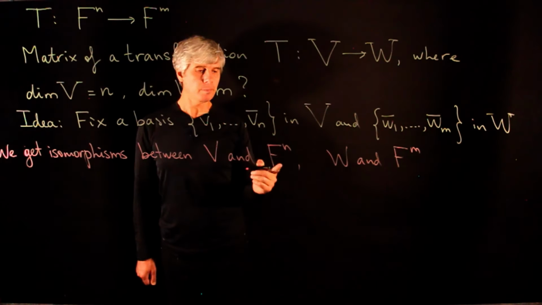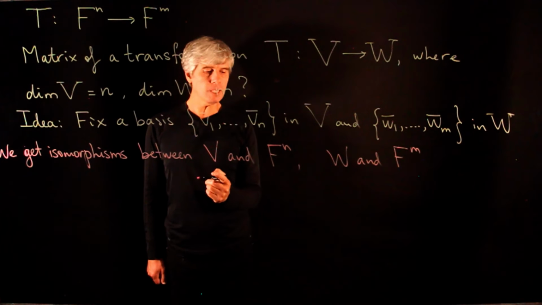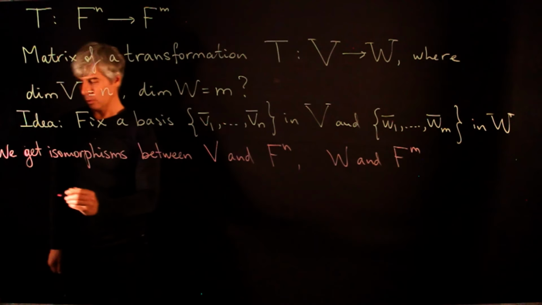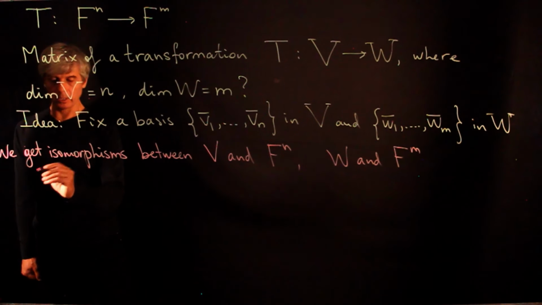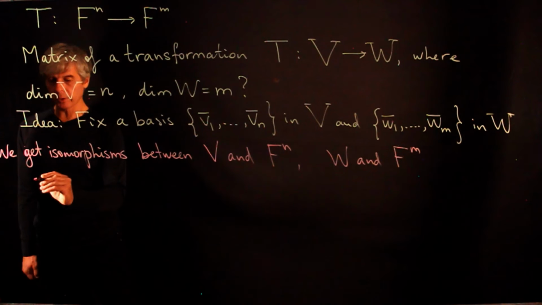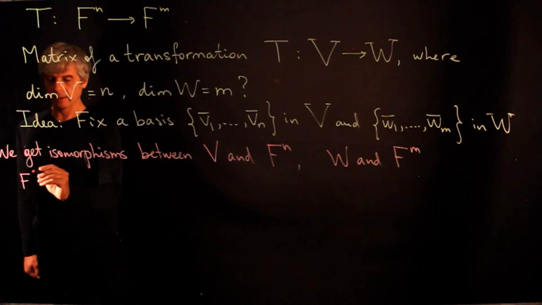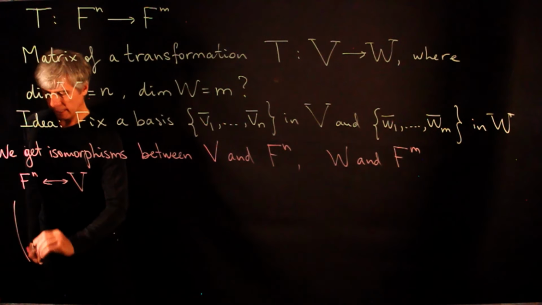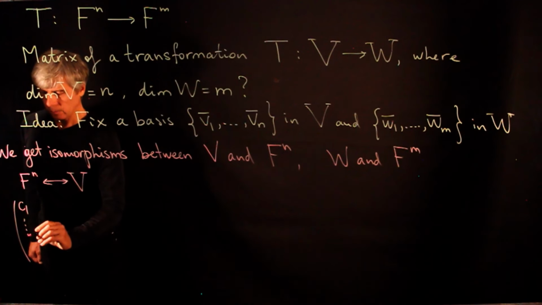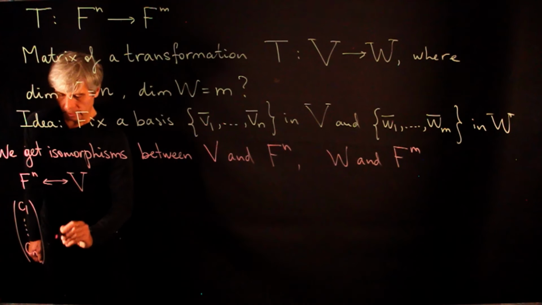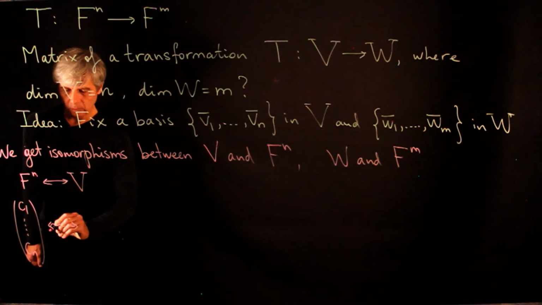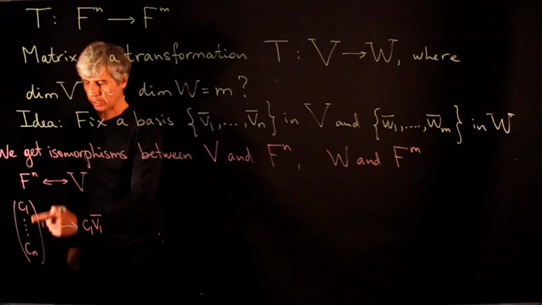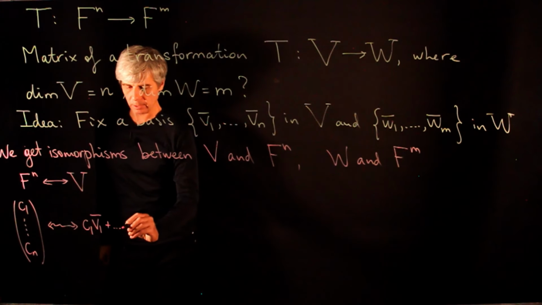For all practical purposes, we can treat V as the space Fn. Now, what is this isomorphism? It is a one-to-one correspondence between Fn and V, and it is the following. If we have a vector in Fn, C1 through Cn, then it corresponds to a vector in V, which is a linear combination of basis vectors with the given coefficients.